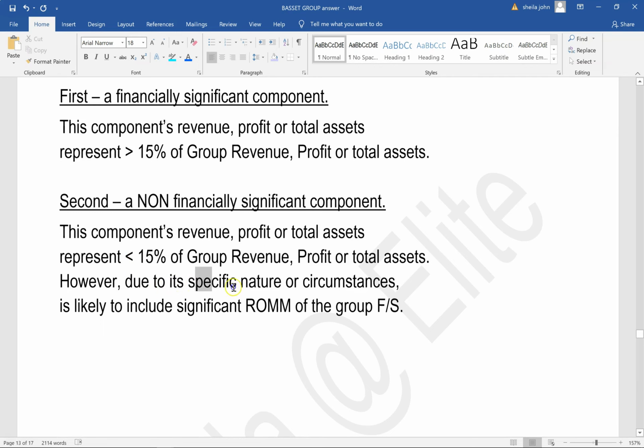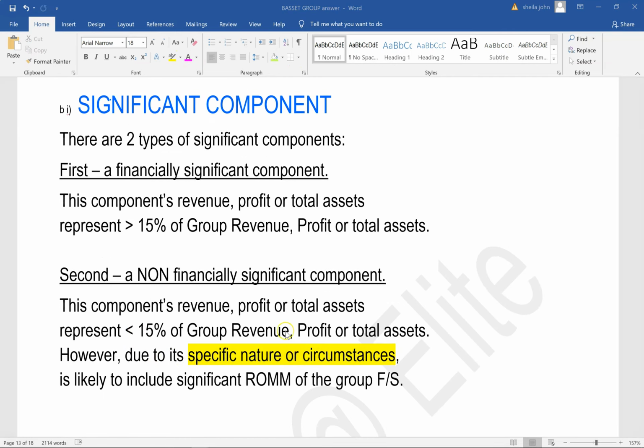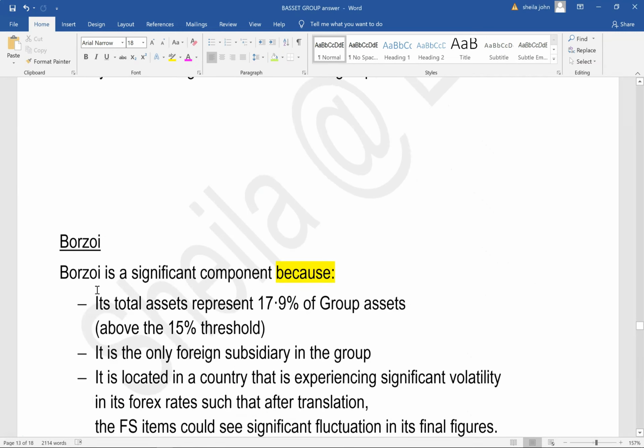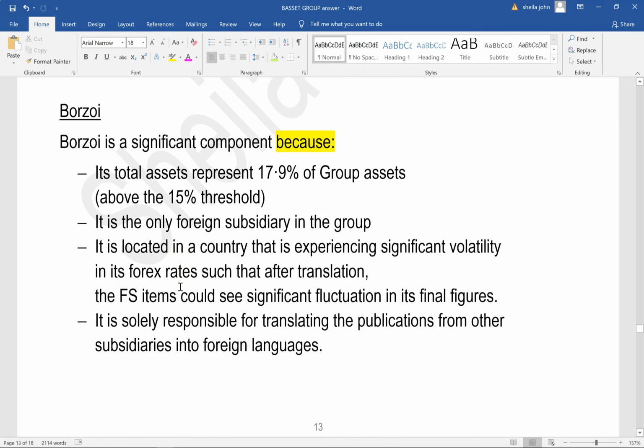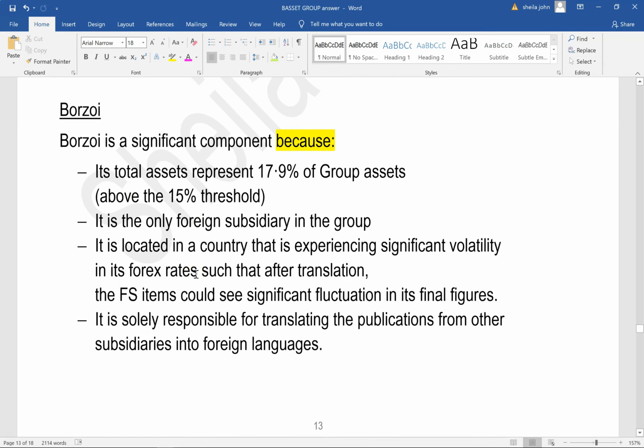However, due to its specific nature or circumstances, here, exam question also goes on to ask whether Borzoi is a significant component or not. So we're saying that it is a significant component because, first of all, its total assets represent more than 15% of the group assets. So that's above the threshold. And not only that, but they've got other characteristics there as well. It is the only foreign subsidiary in the group.